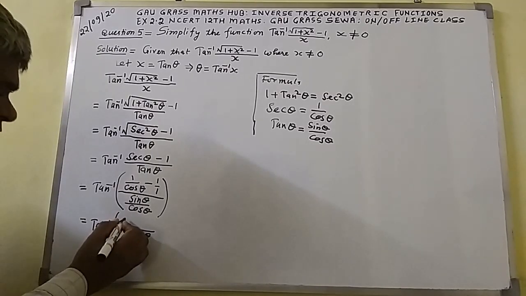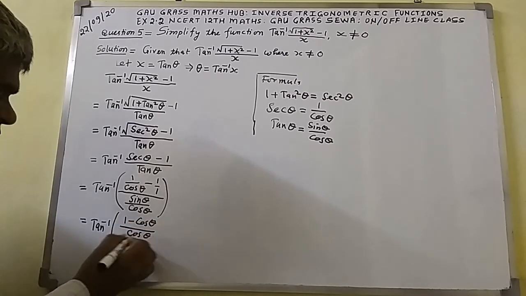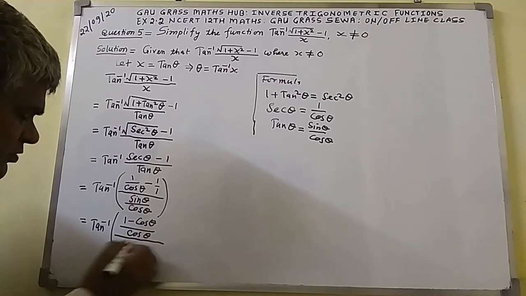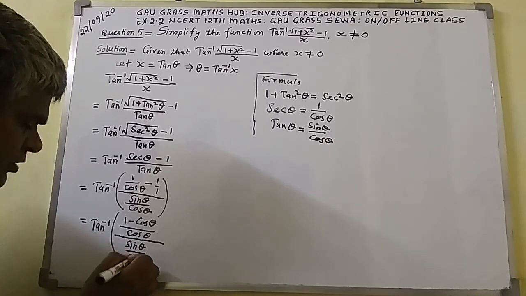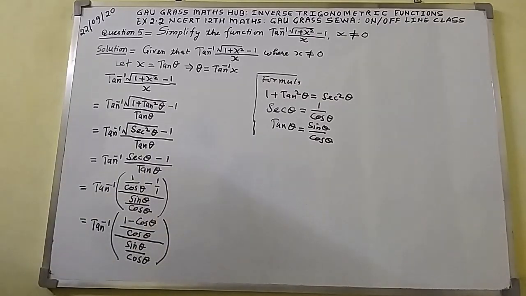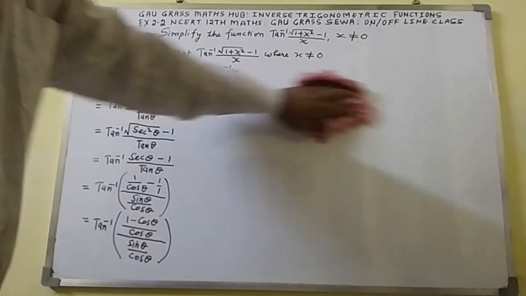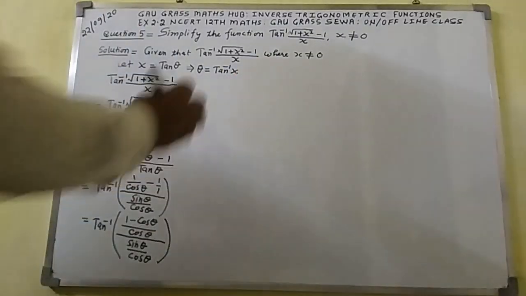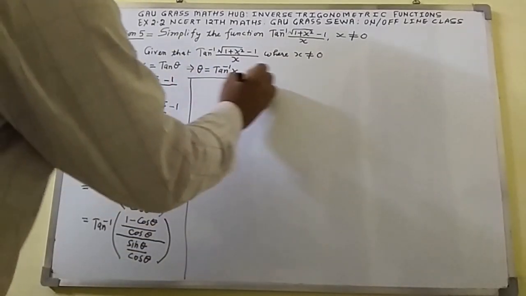So it will become 1 minus cos theta in the numerator, whole over sin theta over cos theta. Now you can write in bracket. Now what will we do next? Now again you process this one.